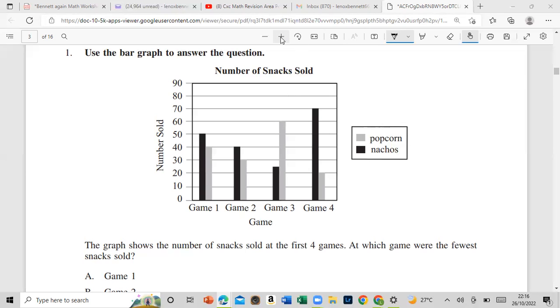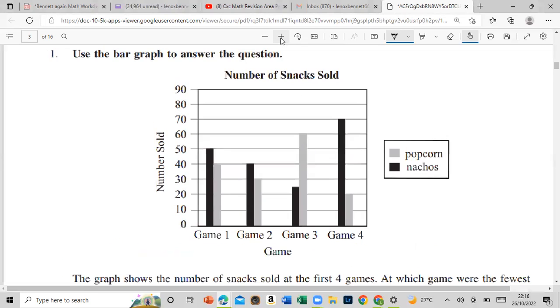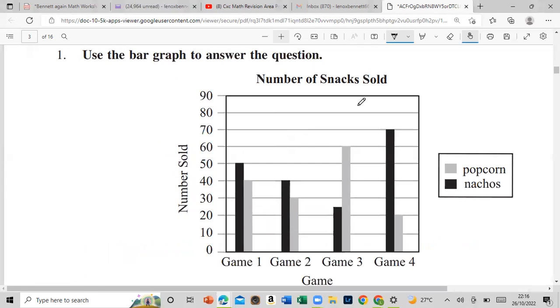We can just zoom in since I already know the question. Alright, so here we go. Up here is 50, we're just going to tally it, and the one with the least. So this is 50 plus 40, so game 1 is represented by 90 snacks sold in game 1.